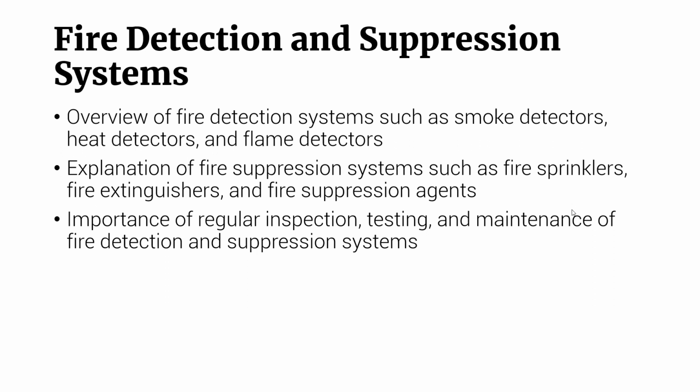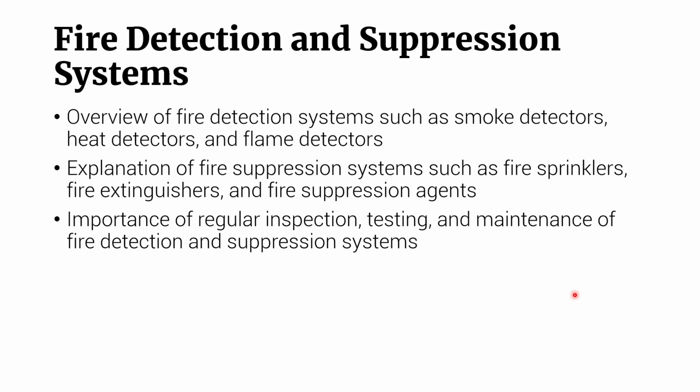Ano naman itong mga fire suppression systems na to, like sprinklers. Yan. Yung fire sprinklers naman, it automatically release water or fire retardant chemicals onto a fire to extinguish flames and suppress heat. Yung fire extinguisher naman, it is a portable device filled with fire suppressing agents such as water, foam, dry chemicals, carbon dioxide.